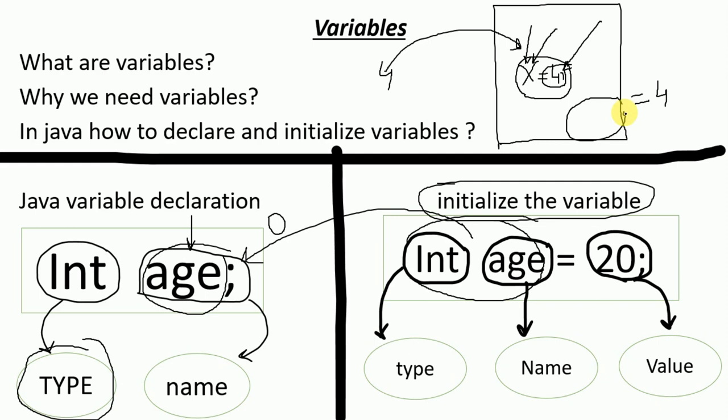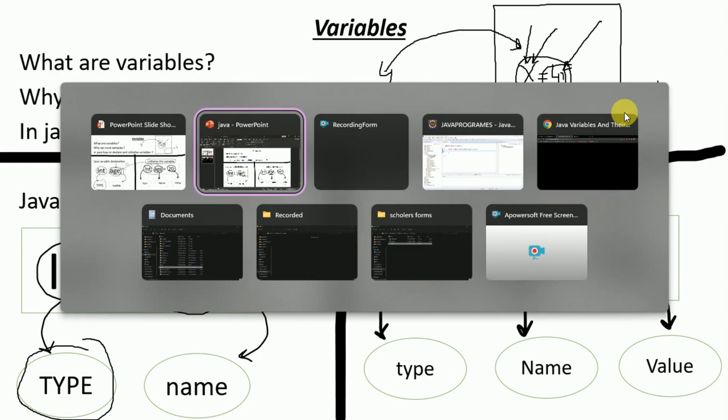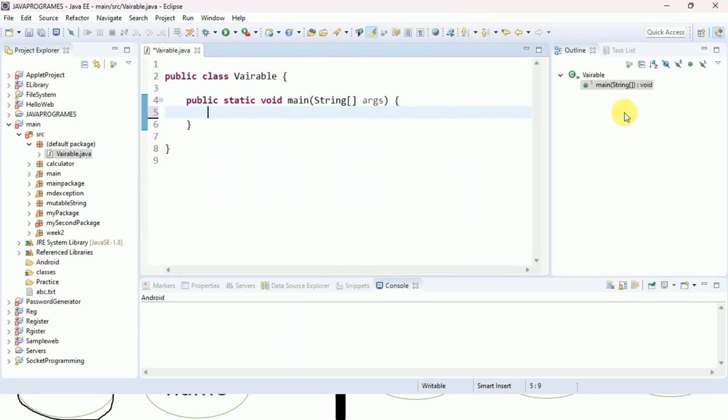Now we will switch to our programming demonstration, and look at the syntactical and logical ways in which variables are used in our Java program.